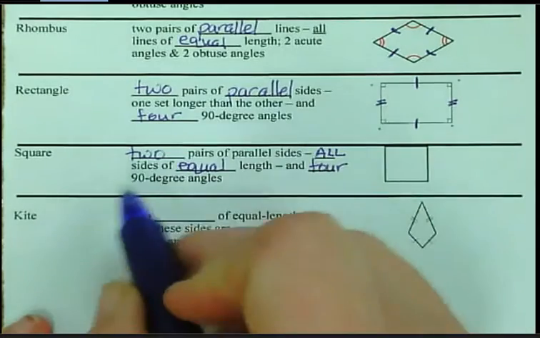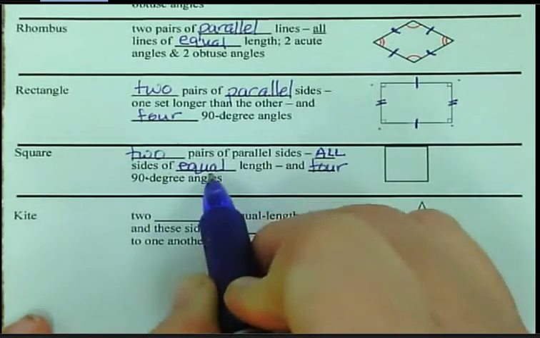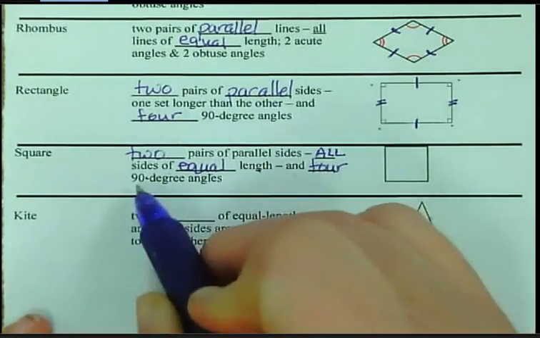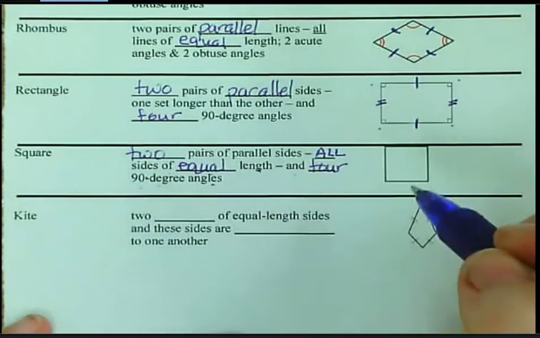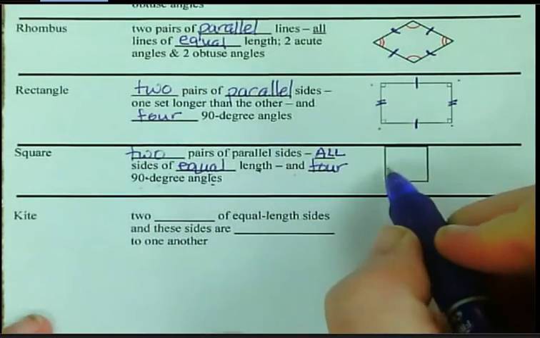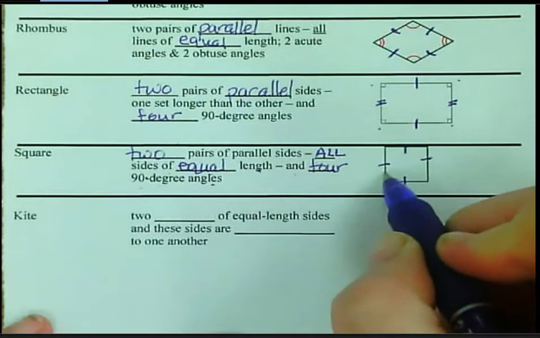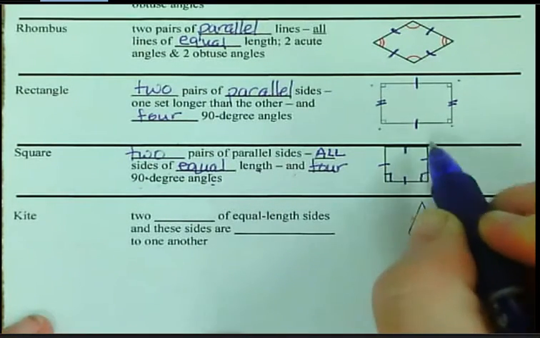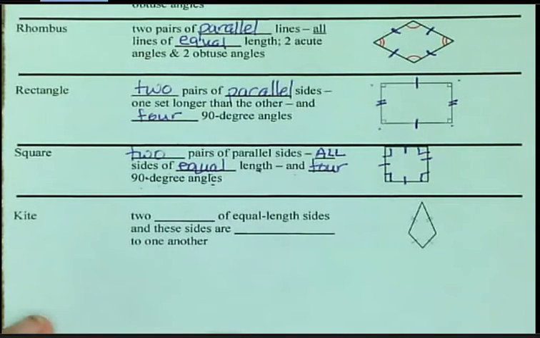All. So two pairs of parallel sides, all sides of equal length, and four 90-degree angles. So it's like a rhombus and a rectangle. It's called a square. 1, 2, 3, 4. And we have 1, 2, 3, 4 90-degree angles. That's a square.